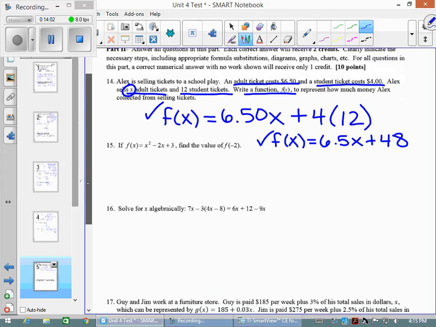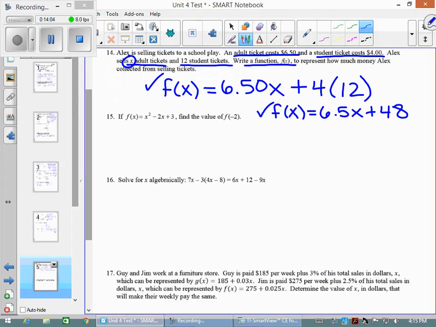415, it gives us a function, f of x is equal to x squared minus 2x plus 3, and would like us to evaluate f of negative 2. Remember, what's inside the function is x. What the function is equal to is y. So if I'm plugging in a negative 2, that means everywhere I see x, I should be plugging in a negative 2.